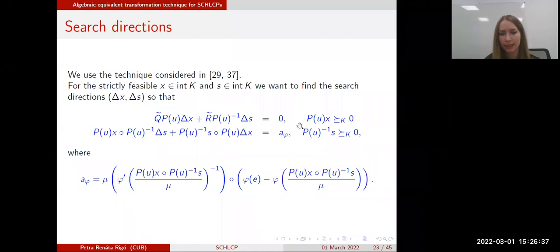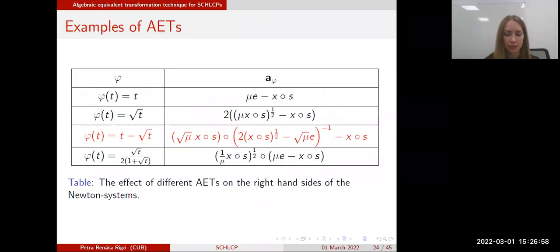Now, in the right-hand side, we have this element a phi, where we can see that this depends on the function phi. So by having different functions phi, we will get different search directions that will lead to different algorithms. And here I summarized the functions used in the literature in this AET technique.